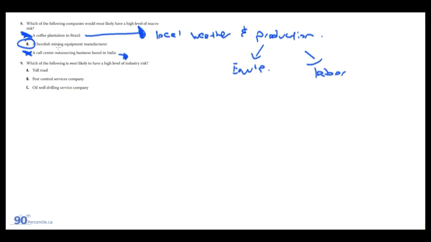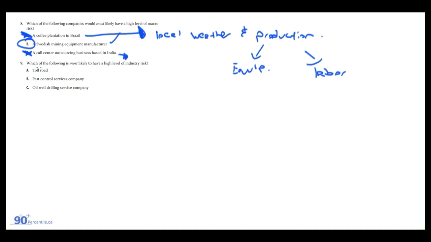The mining company is going to be selling its equipment globally. Their sales are going to be dependent on commodity prices as well as the ability of global companies to invest and expand, and that will be relying on interest rates. So you can see there are multiple boxes ticked here related to macro risk.